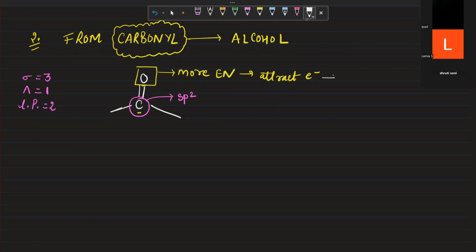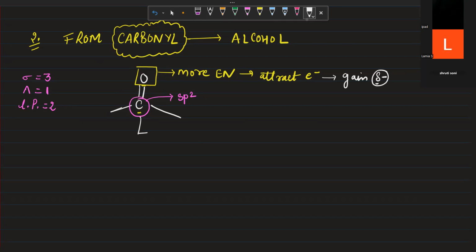Yeah. This delta sign represents partial. Do you know this? Yes, delta. So whenever there is a partial charge, we represent it with delta and a negative sign. If oxygen is more electronegative, it attracts electrons, so it gains a partial negative charge.